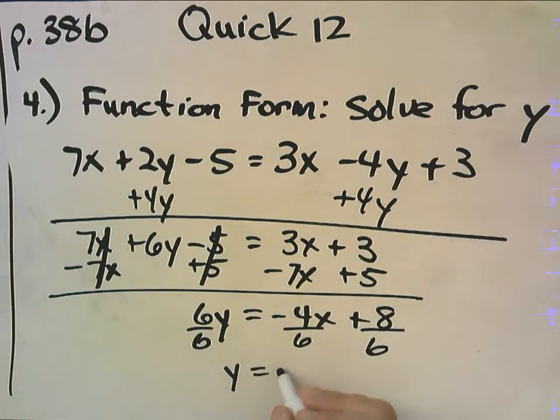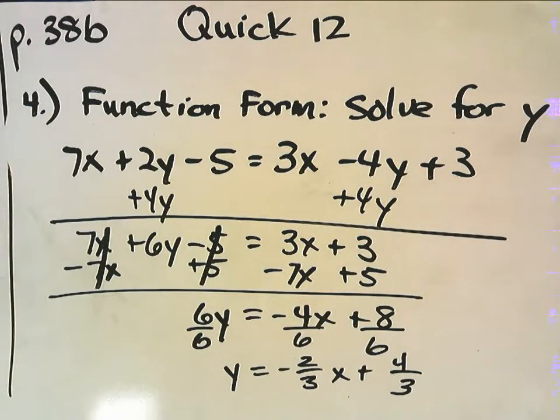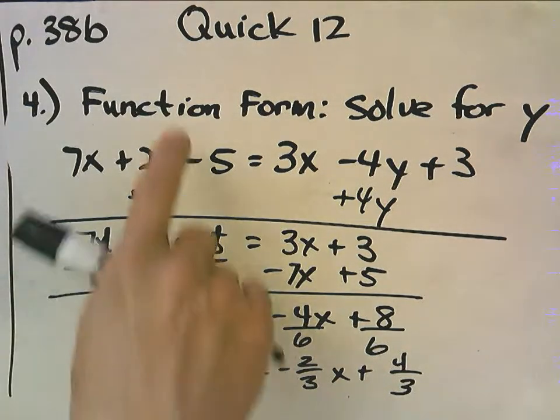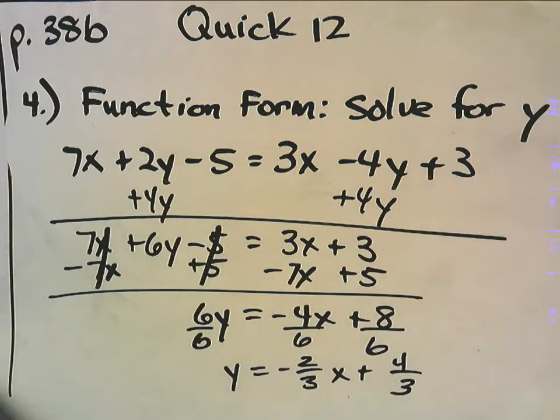Y equals negative 2/3 x plus 4/3. Okay? So from this, you remember function form means solve for y. And if you're solving for y, you have to get every term that has a y on one side, and then get rid of everything that doesn't have a y from that side.